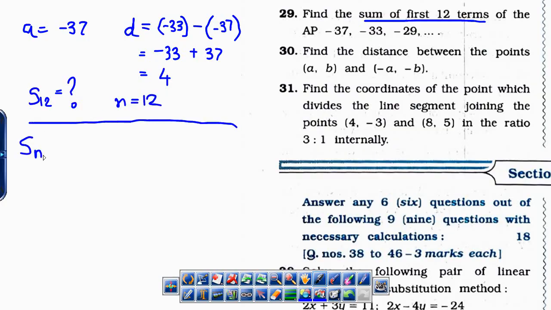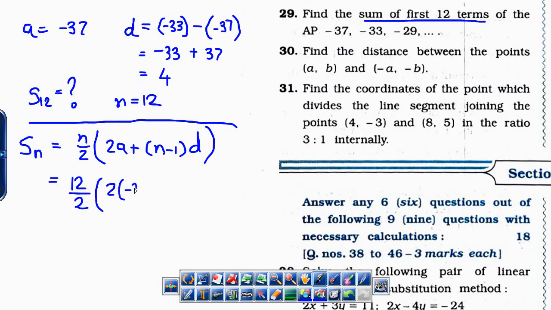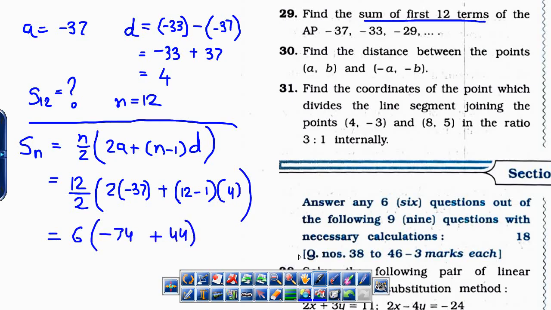Apply the Sn formula. Sn is equal to n by 2, 2a plus n minus 1 d. 12 by 2, 2 into minus 37 plus 12 minus 1 d. 6, minus 74 plus 44.